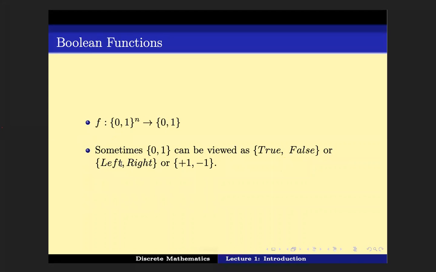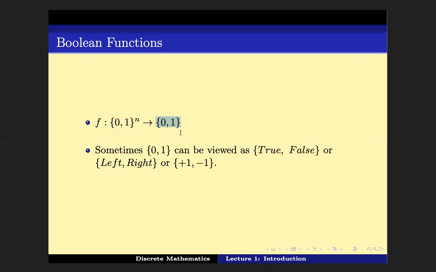Now, if I have a Boolean function, meaning a function that takes in a string of size n from {0,1}^n and outputs 0 or 1. I can think of 0 and 1 as true, false, left, right, +1, -1, it doesn't matter. The main idea is that the input set is a two-valued object, Cartesian-producted n times, and the output is also a two-valued object. They can be the same or different.